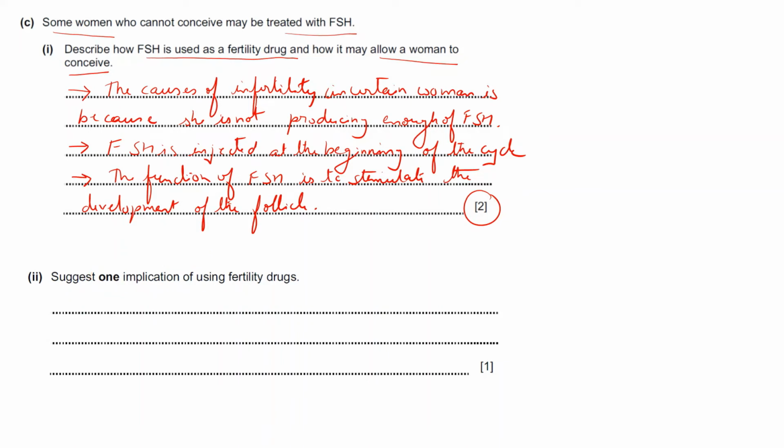Now the word implication means the result of using fertility drugs. Usually fertility drugs are given to couples who are unable to produce children. By giving these fertility drugs, these couples will be able to have children.